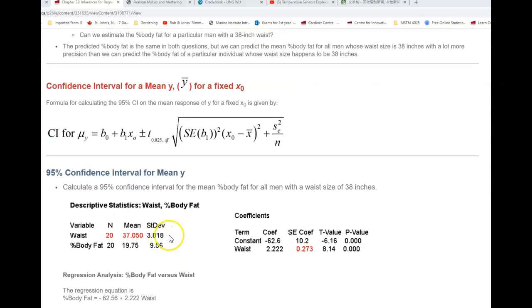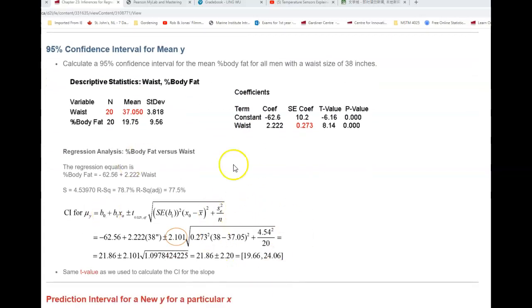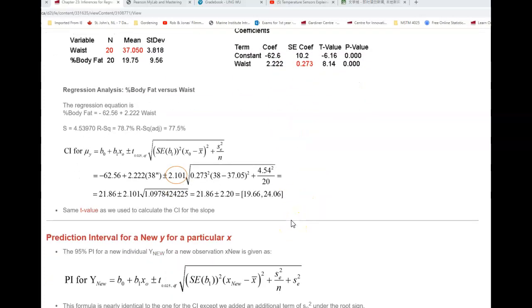This is to say we have another data set, and for a given X value, we want to predict in which range that data set's mean value falls. So this one, Excel does not provide this function.